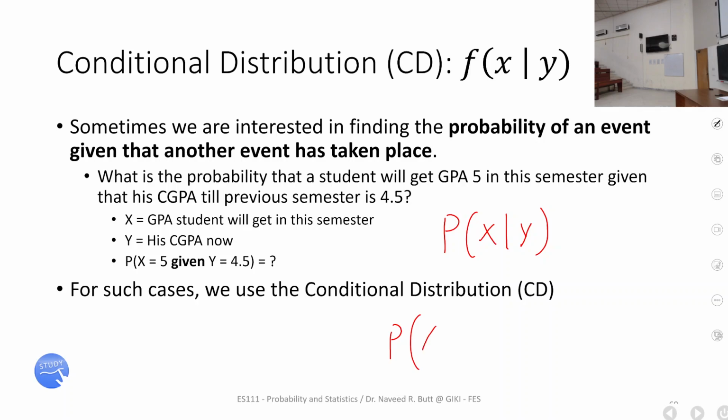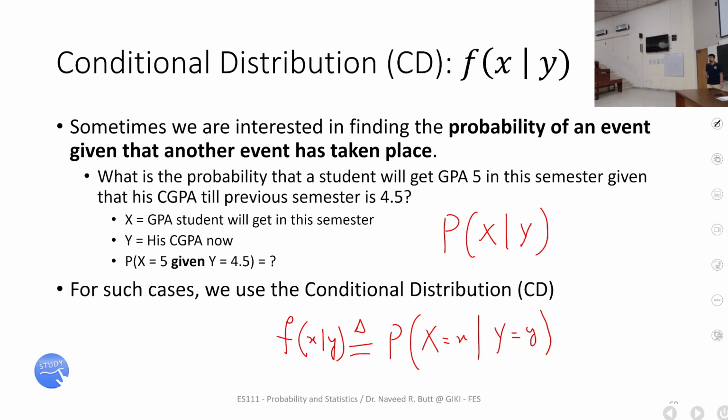We say probability X takes the value small x given that Y takes the value small y. Okay? Random variables, same thing. And this thing we will define now as f x given y.